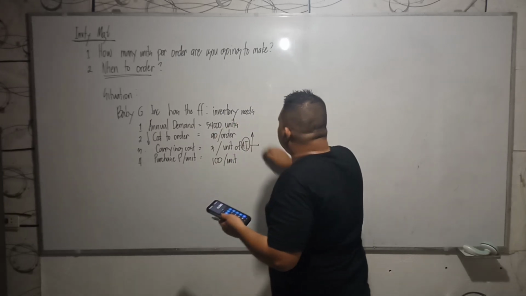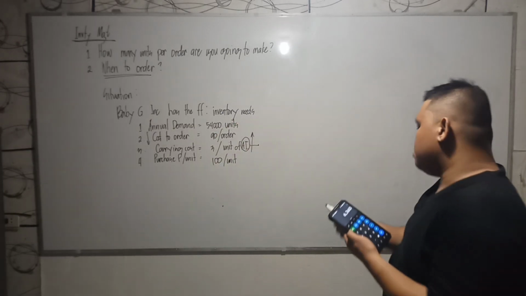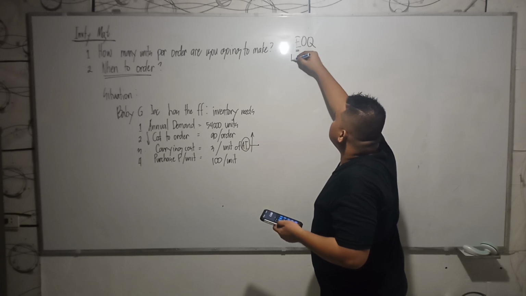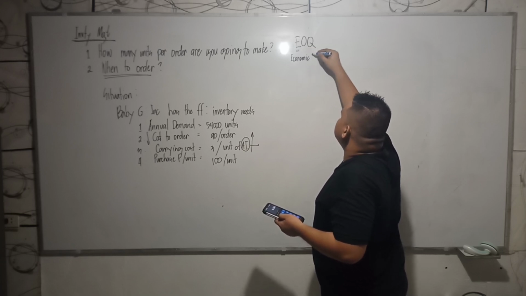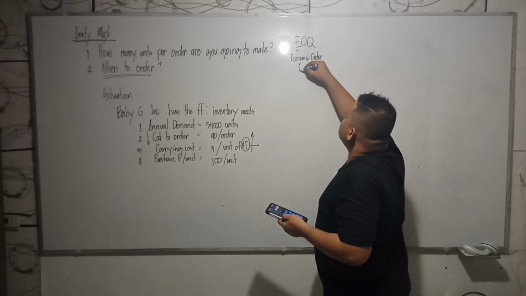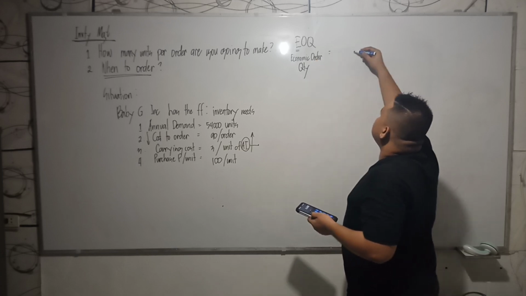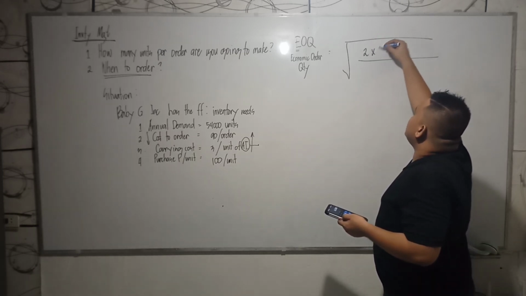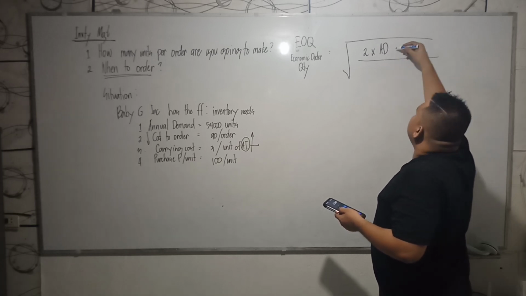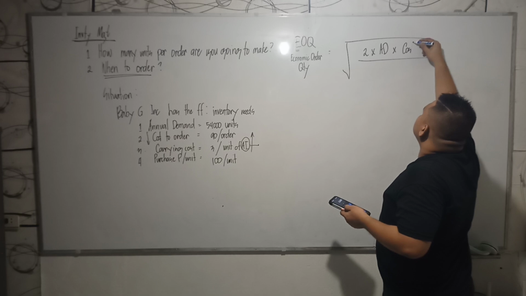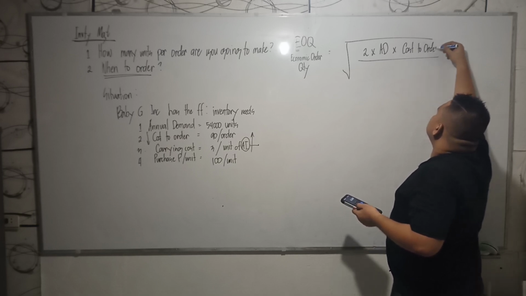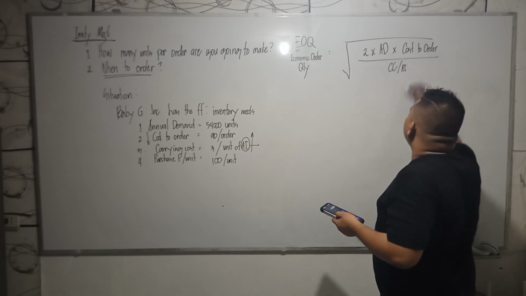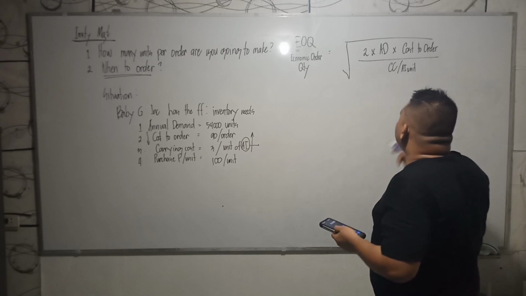Let's preserve this particular problem and use the economic order quantity, or EOQ. It is equivalent to the square root of 2 times annual demand, or annual requirement, times cost to order, over the carrying cost per average inventory unit. That's it. You just have to follow this.